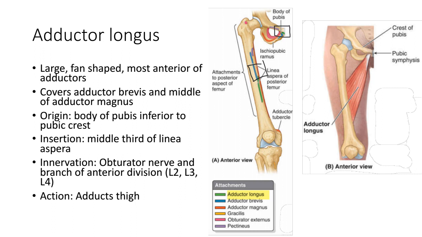It's innervated by the obturator nerve and by the branch of the anterior division, L2, 3, and 4. So basically it's innervated by the anterior rami of L2, 3, and 4. So the anterior rami of the femoral nerve. The action is to adduct the thigh.